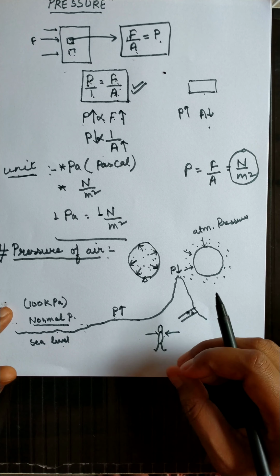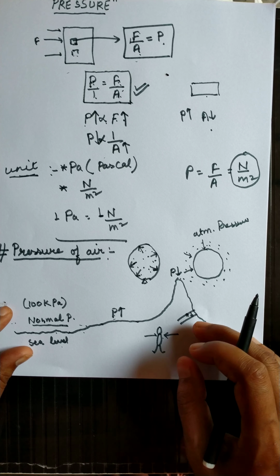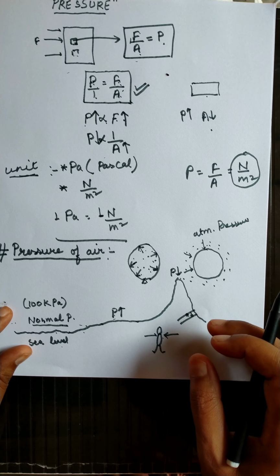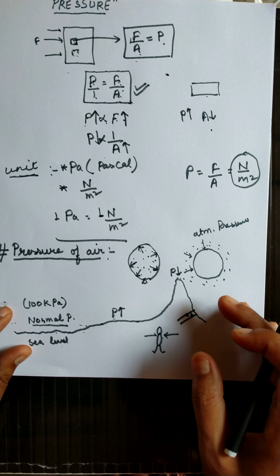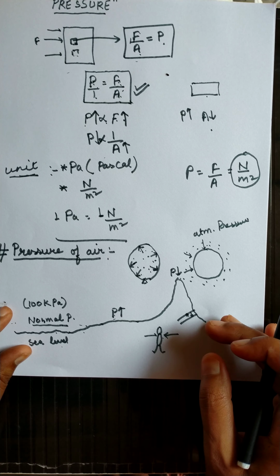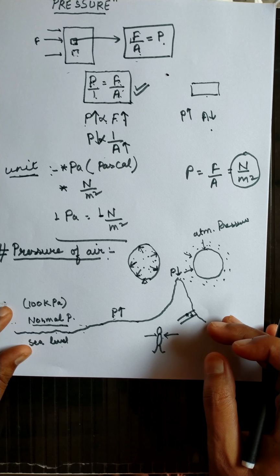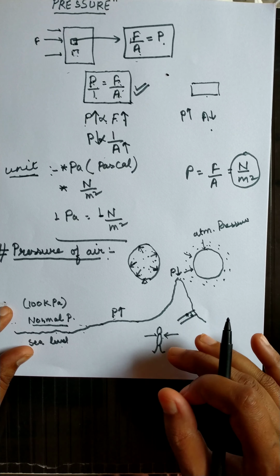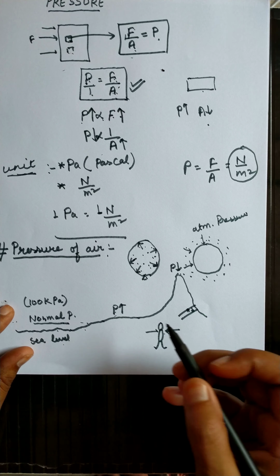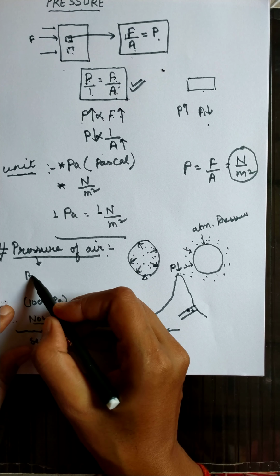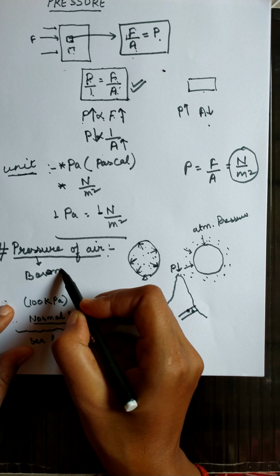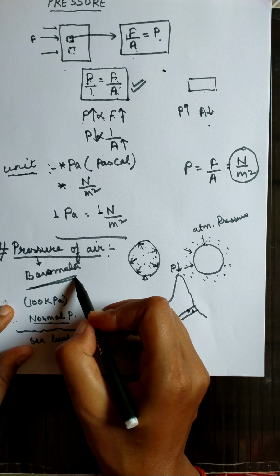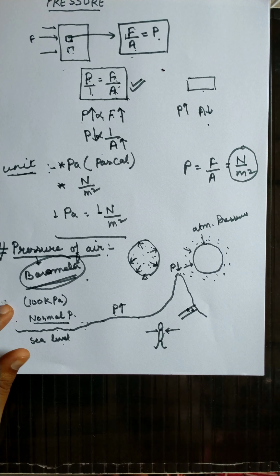So atmospheric pressure exerts pressure on our body in an inward direction, and blood pressure exerts pressure in an outward direction, and so both pressures are balanced. Students, there is an instrument called a barometer, and this barometer is used to measure atmospheric pressure, that is, pressure inside air.